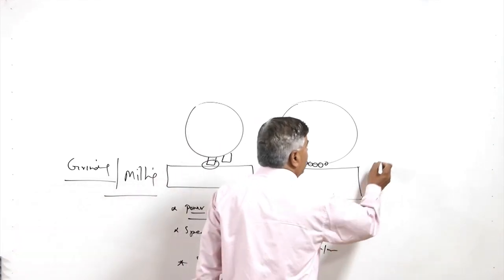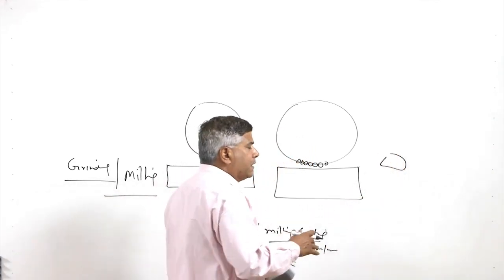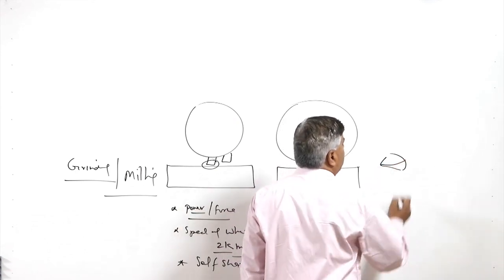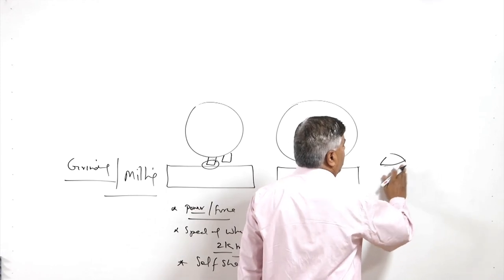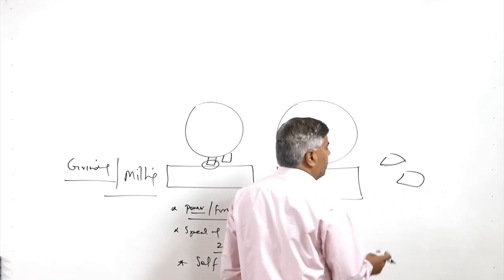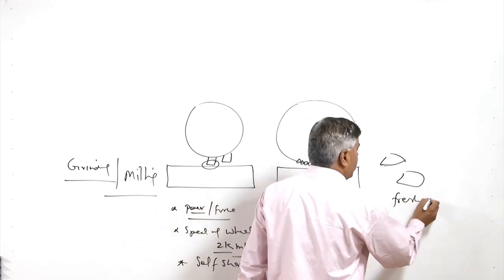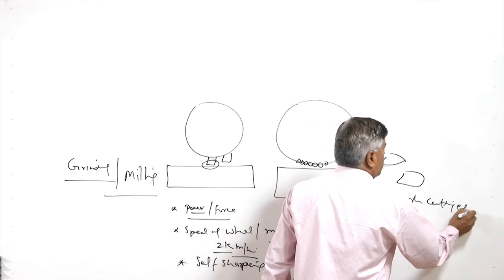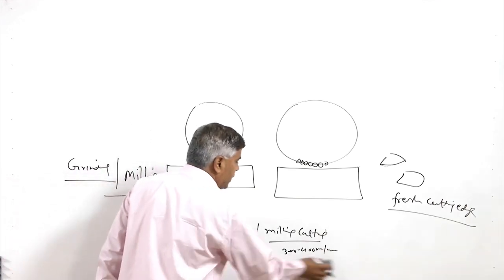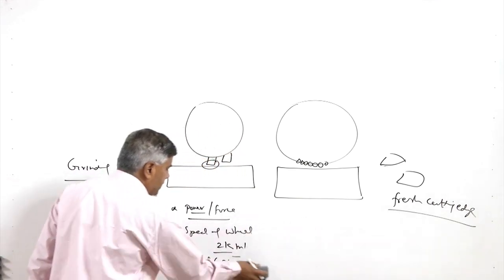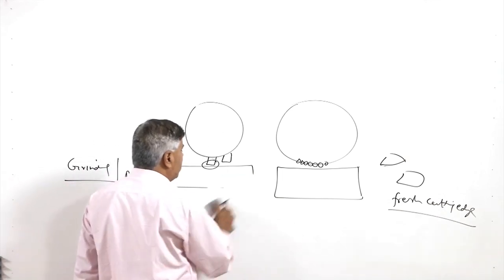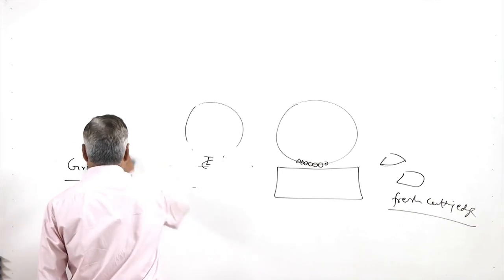But in grinding, after becoming dull or wearing out, the abrasives break or fracture, and the fracture of the abrasives after a certain time of the grinding operation produces fresh cutting edges. That in turn helps in improving the grinding performance. So, this self-sharpening feature is present with grinding but not with milling.